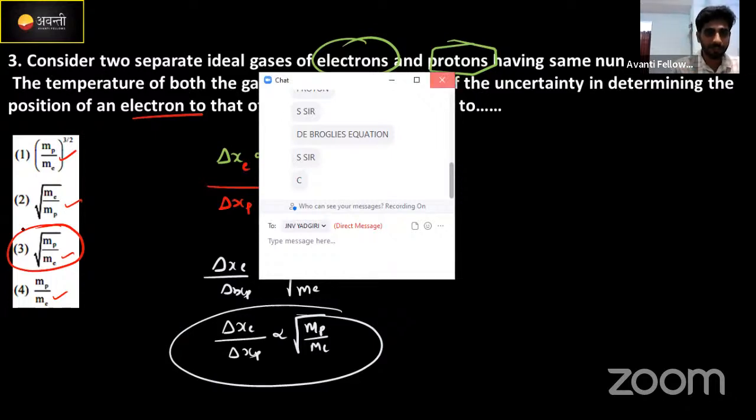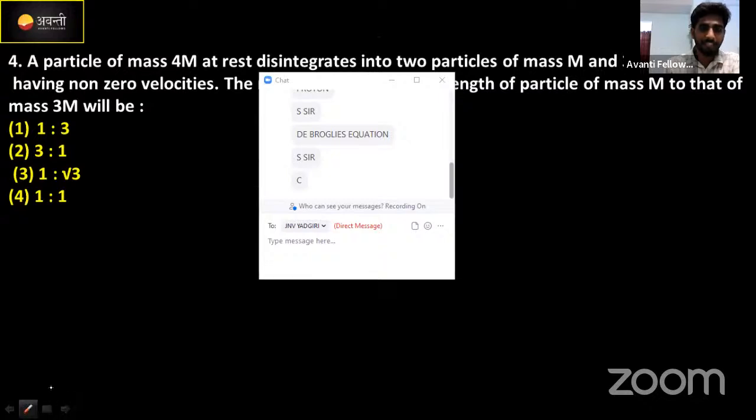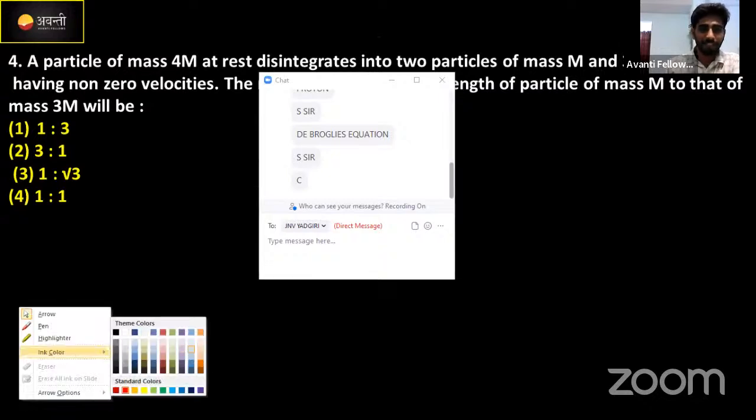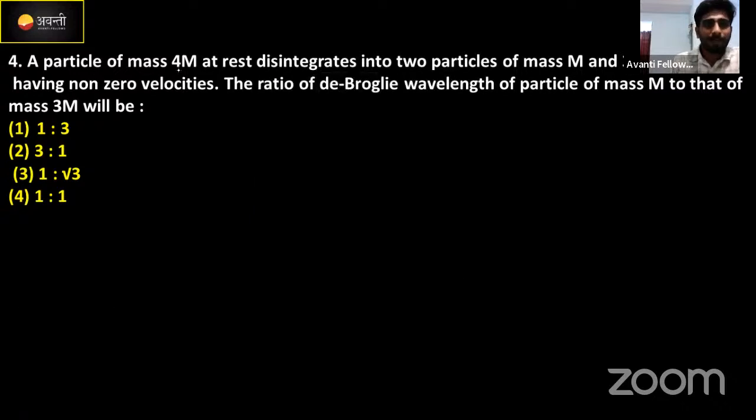Next question. Okay, a particle of mass 4m at rest disintegrates into two particles of mass m and 3m respectively, having non-zero velocities.